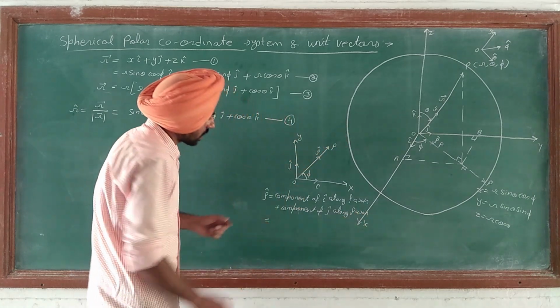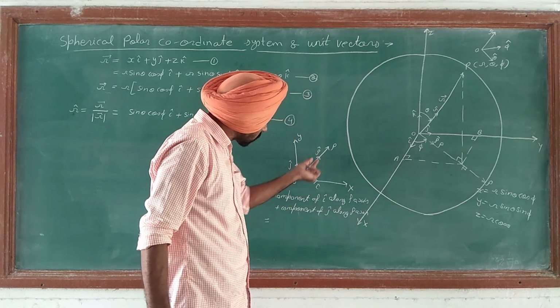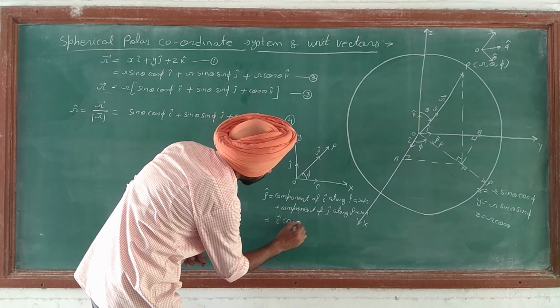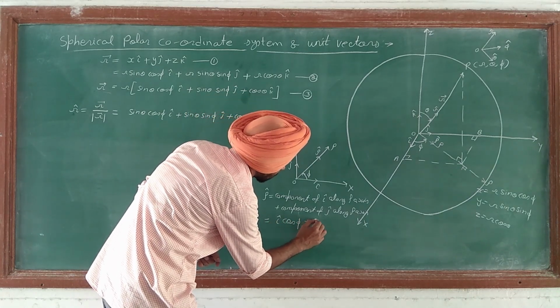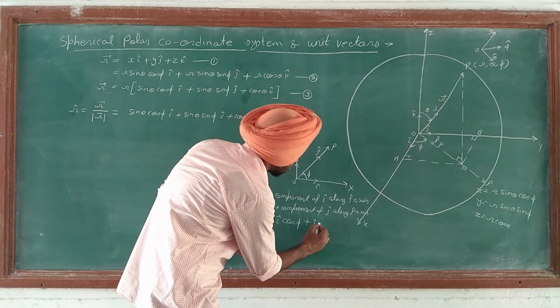The angle between i cap and rho cap is phi, so the first component is i cap cos phi. Plus the component of j cap along the rho axis, that is j cap cos of the angle.